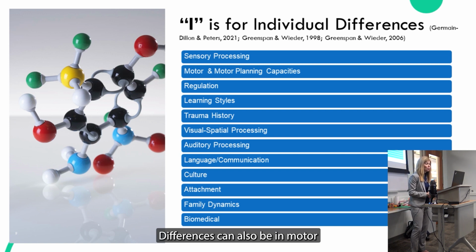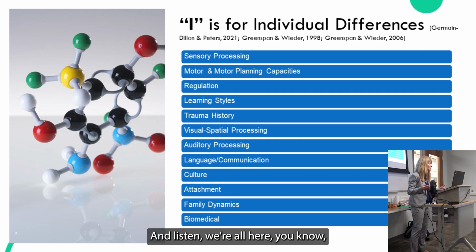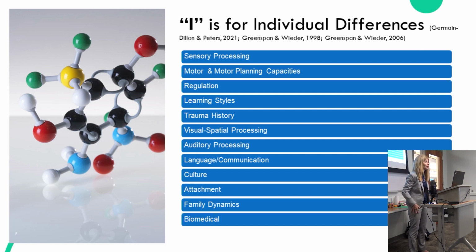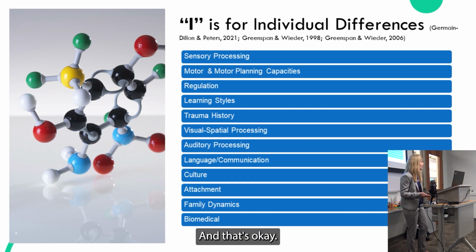Differences can also be in motor and motor planning. Again, some people just have a little bit better motor planning than others. And listen, we're all here, and we're fine. Regulation, there might be differences in a client's ability to self-regulate, and the adult might have to do more co-regulation, and that's okay.